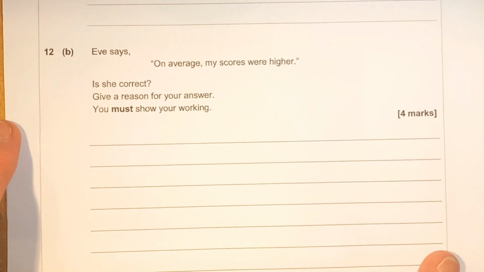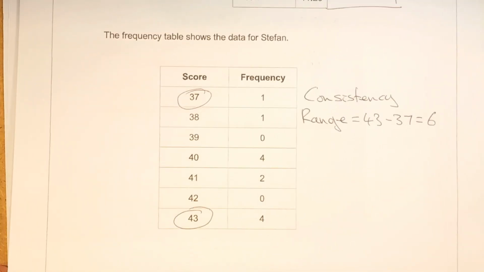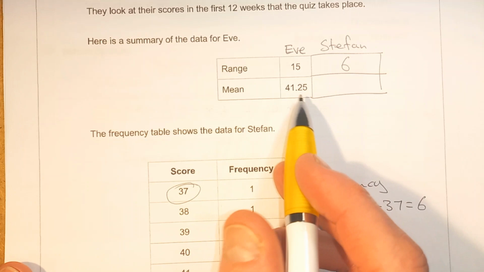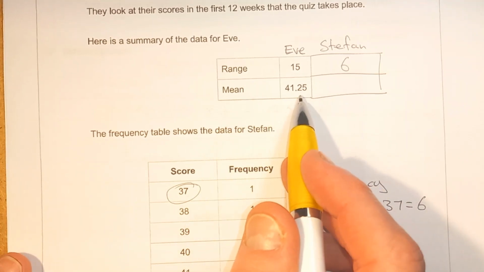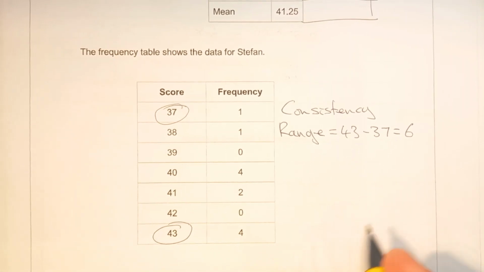Then we got part B. Eve says, on average, my scores were higher. Is she correct? Well, looking at average, there is more than one way of working out an average, but for Eve, they've given the mean, 41.25. So we're going to work out the mean for Stefan as well.